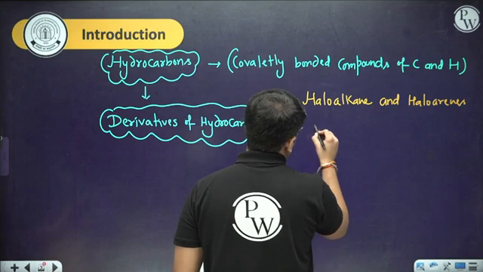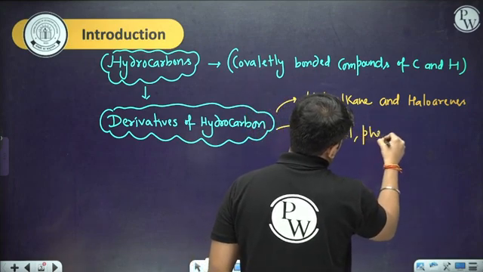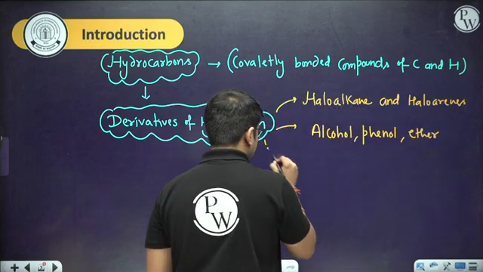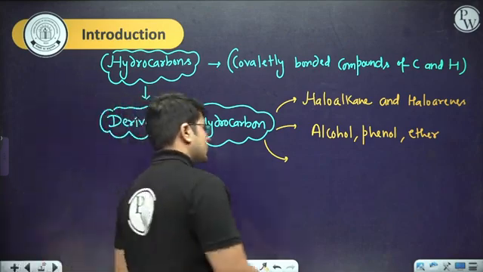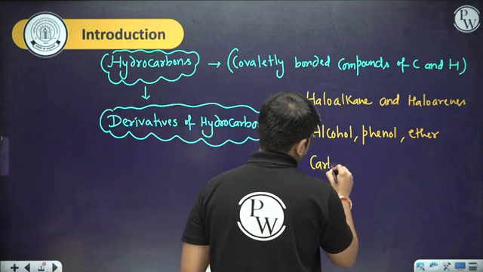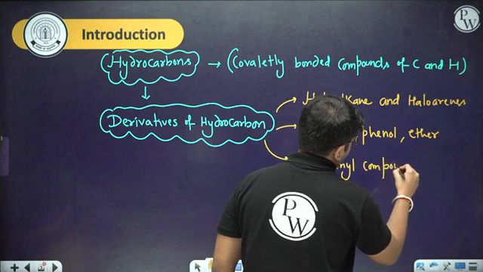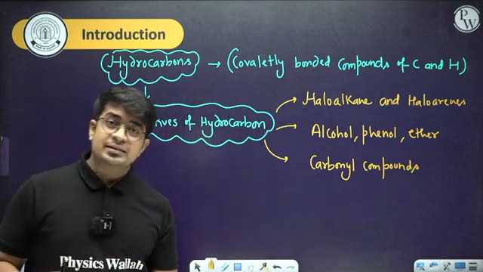Then you are going to deal with alcohol, phenol and ether. Basically the compounds containing oxygen as a functional group. Next part will be carbonyl compounds. So basically all those compounds in which the C double bond O group is actually present.